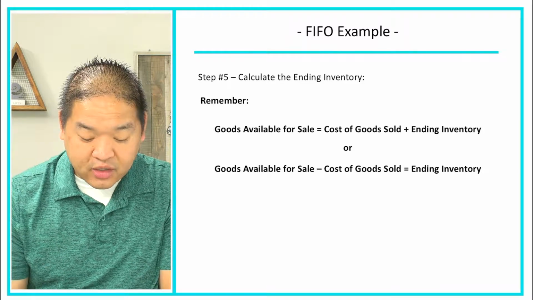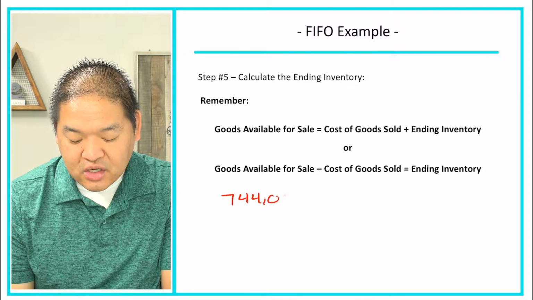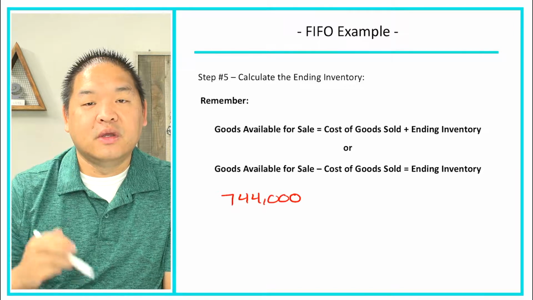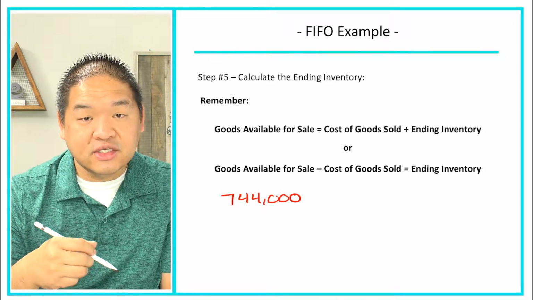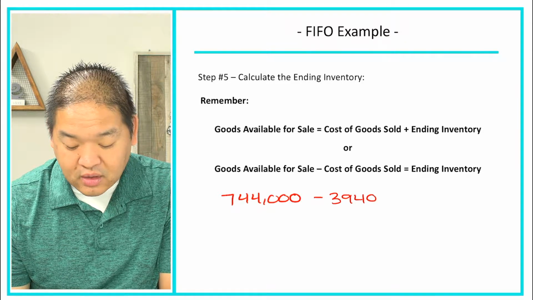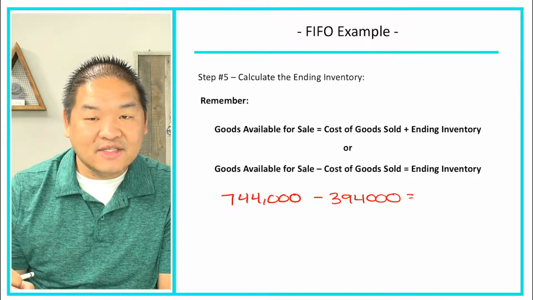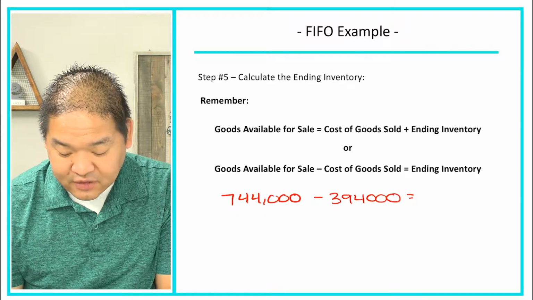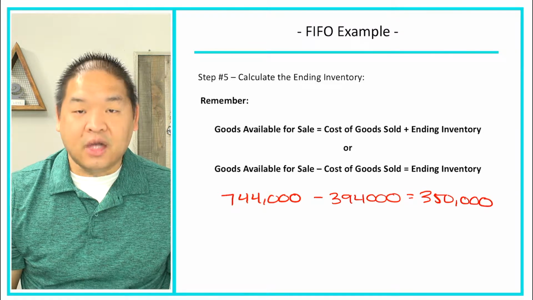So we know what our goods available for sale is. It was $744,000, which we did in step 2. We can then subtract from it cost of goods sold. Well, we just calculated cost of goods sold a second ago, and we said cost of goods sold is $394,000. And so 744,000 minus 394,000 gives us an ending inventory of $350,000.